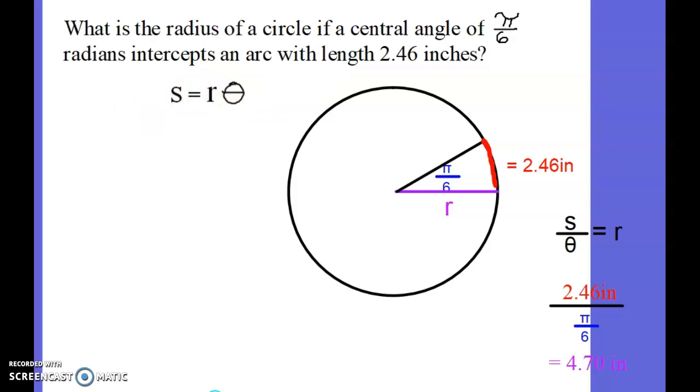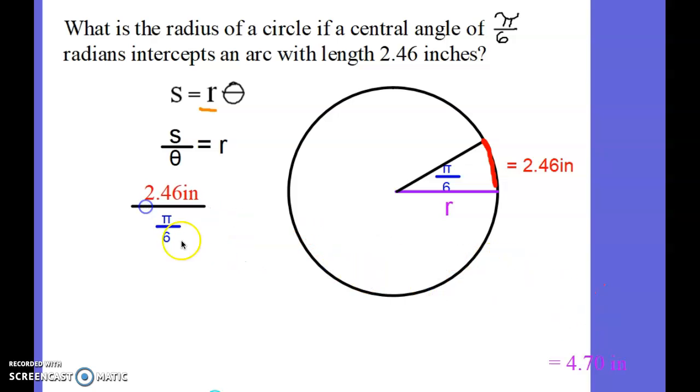In order to solve this equation for r, we would simply divide by theta. Now I can plug everything in. S is 2.46 in red. That's how long that is in inches.